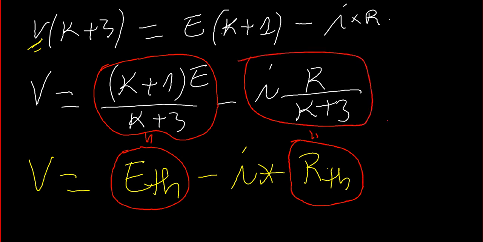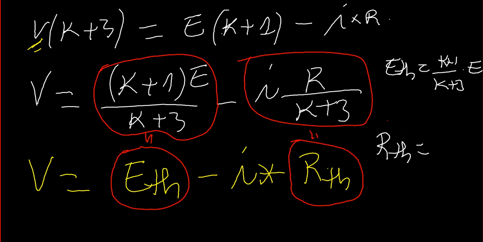We can simply write with that identification that E_TF is equal to K minus 1 over K plus 1, divided by K plus 3, multiplied by the supply E, and R_TF by identification is equal to R divided by K plus 3.